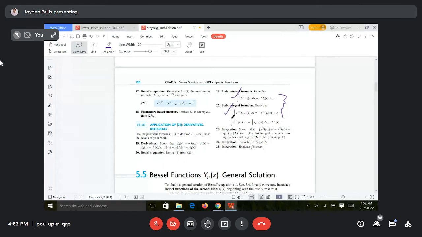In the second formula, if you put nu equal to 0, then it will be the integration of J1 x, and it is equal to x to the power 0 into J0 minus J naught x, right? If you put nu equal to 0, this side is minus J naught x. So the integration of J1 x is actually minus J naught.